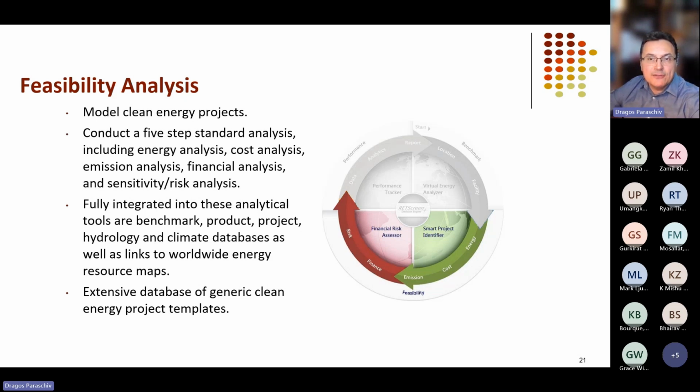It has a number of databases. For those of you that will download RETScreen or have used RETScreen, you notice that there is a tremendous amount of information that comes within the software package. Databases for products, for climate, for example, cost databases, performance for various products, various equipment items.